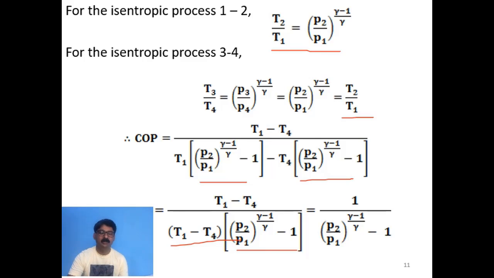So this T1 minus T4 and this T1 minus T4 gets cancelled, and you will get the expression for COP as 1 by P2 by P1 to the power gamma minus 1 by gamma minus 1. That means COP can be expressed in terms of pressure ratios. This is nothing but the COP of the reverse Brayton cycle or the Bell-Coleman cycle.